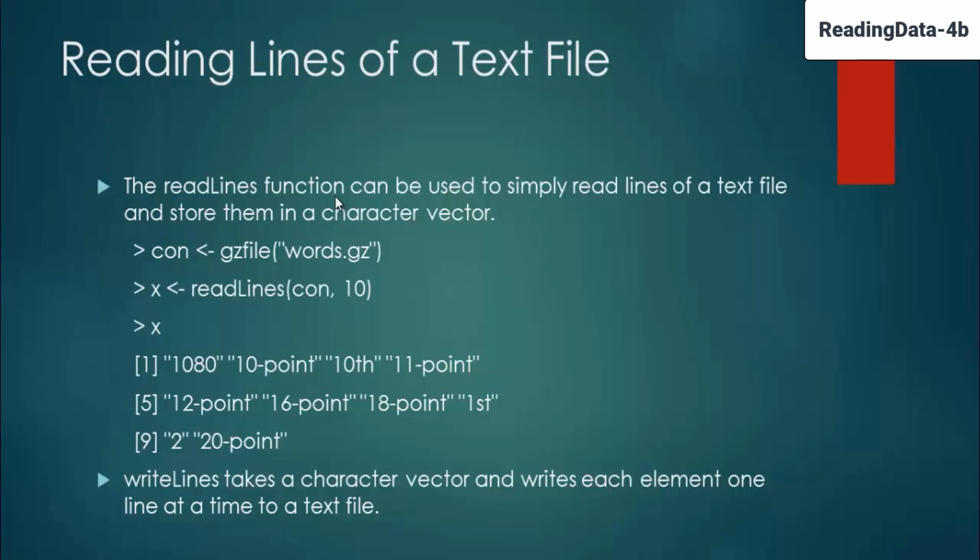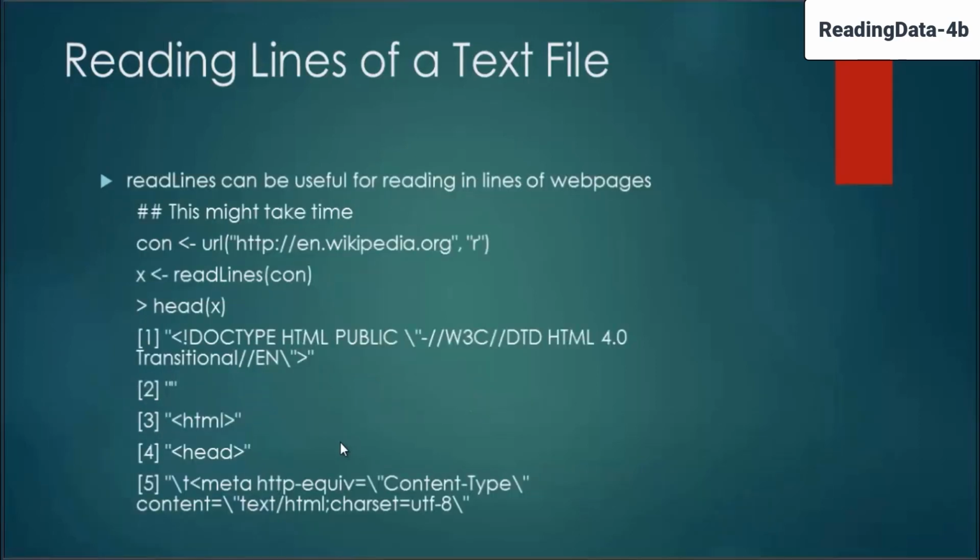You can also specify the number of lines; here it is 10, so only 10 lines are read. Just like dput and dget, readLines has a counterpart called writeLines, which takes a character vector and writes each element one line at a time into a text file.